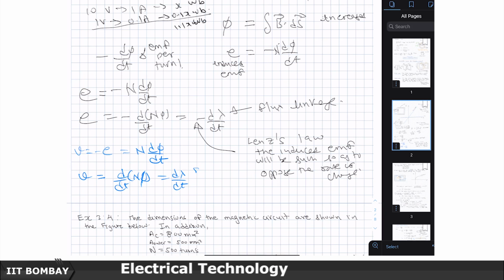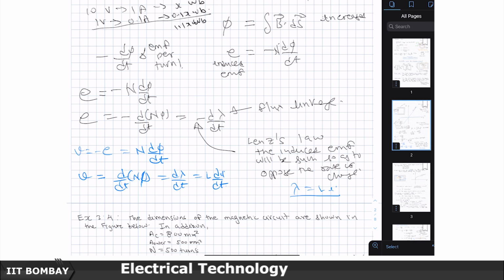I am stepping a bit forward, but this flux linkage is connected to the current. We all know that the flux linkage is written as inductance times current, and if the inductance is constant, then we write V equal to L dI by dt.